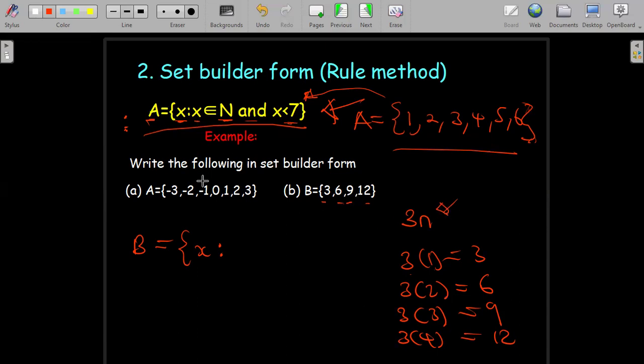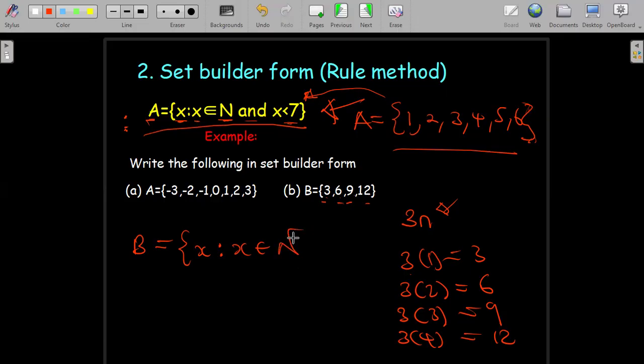So this here, in short, is what we could use to describe our set. We say that x is a set of all x such that x is a natural number, since these 1, 2, 3, 4 are just natural numbers, and what we're getting, these 3, 6, 9, and 12 are just natural numbers. So then we're saying x is a natural number.